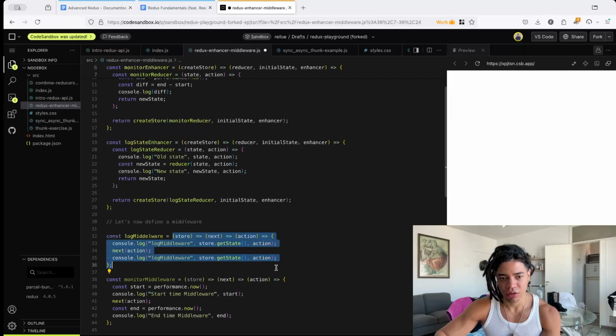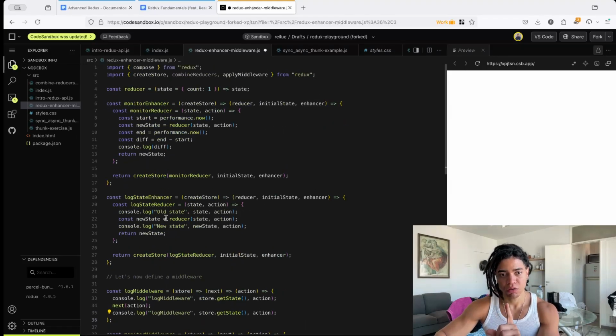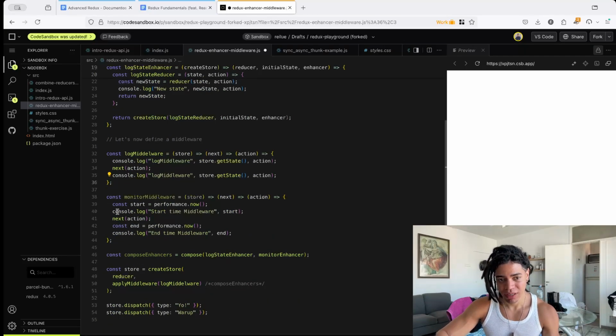You can't turn this into a currying function. This is not a currying function because we're not returning something. Unlike the enhancer, where we return a specialized object, here we're not returning that. I mean, you can, but in this case it's not a currying function.